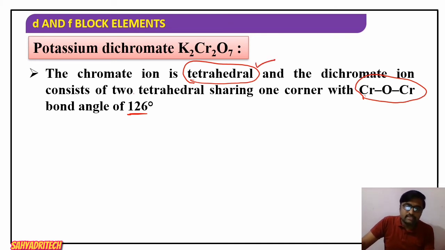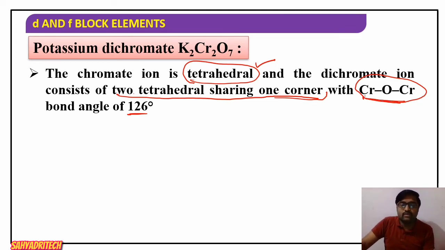Dichromate is also tetrahedral, but there are two tetrahedral units sharing one corner, having a chromium oxygen chromium bridge with bond angle 126 degrees.